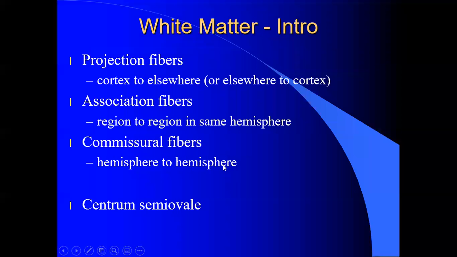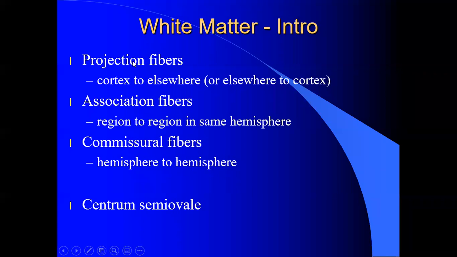Okay. All right. Let's get into white matter. Lots and lots to cover. We're still in the cerebral hemispheres. At this level of discussion, we're going to think about three different types of white matter pathways: projection pathways, association pathways, and commissural pathways.